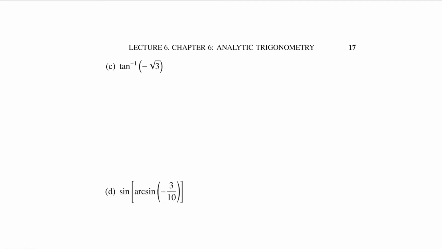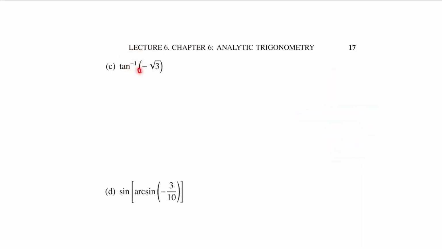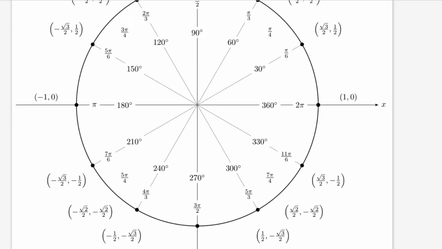Okay, this one. For tangent inverse, we're looking in quadrant 1 or 4, but because it's a negative, that means we're going to be looking in quadrant 4 here. We're looking for the angle which has a tangent value of negative radical 3.